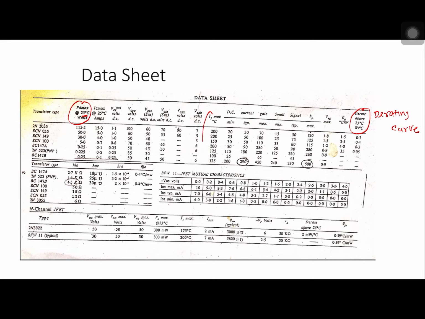There is a maximum junction temperature given in the data sheet, and thermal resistance is also given in the data sheet. So you can see maximum power dissipation at 25 degrees Celsius, room temperature, is given, maximum junction temperature is given, thermal resistance is given, and derating factor is given. This is common for most transistors. Okay, this is the derating curve, Tj max.